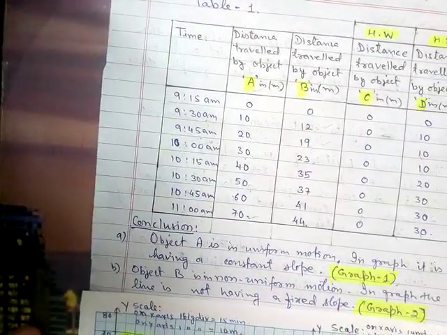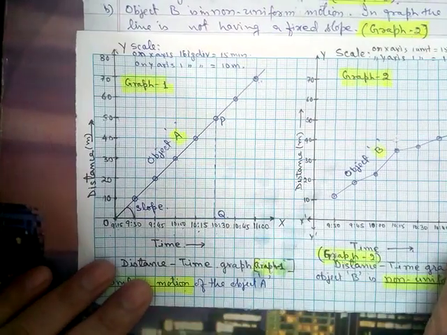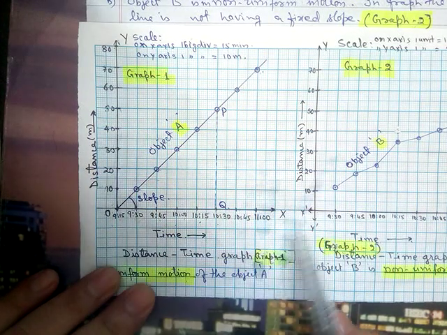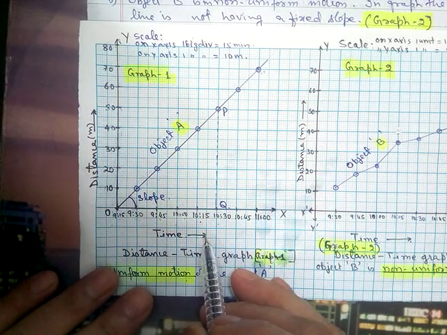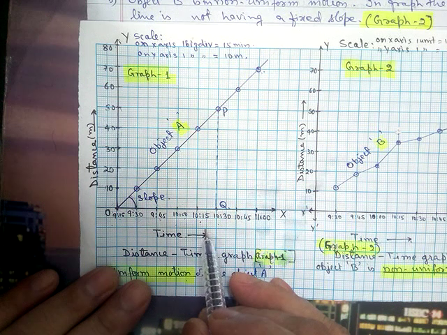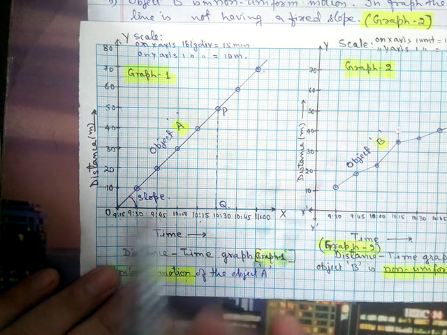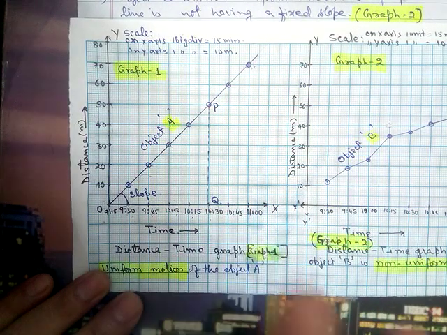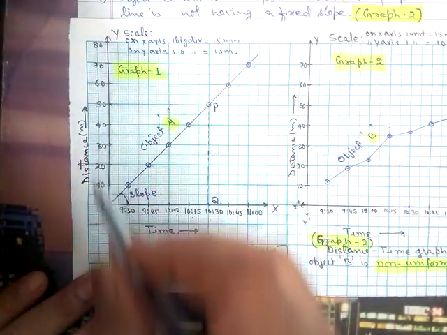Now we try to plot these data on a distance time graph, and here we are having the distance time graph. The independent value has to be kept on the x-axis and the dependent value on the y-axis. Time being the independent value is kept on the x-axis and distance on the y-axis.